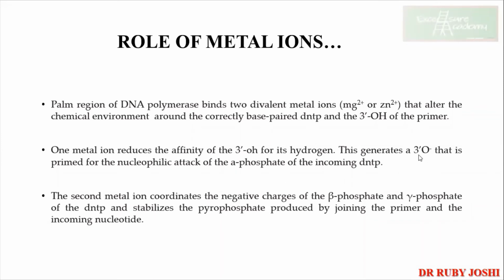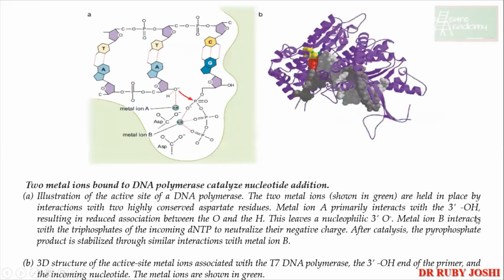Then only the 3-O minus is able to attack on the alpha phosphate. Second is stabilizing the beta gamma phosphate, which is the pyrophosphate, which we write as PPi. Okay, so this is being stabilized. Later on, your pyrophosphatase will come and convert your PPi into 2Pi. Guys, this much is clear? Yes, ma'am.